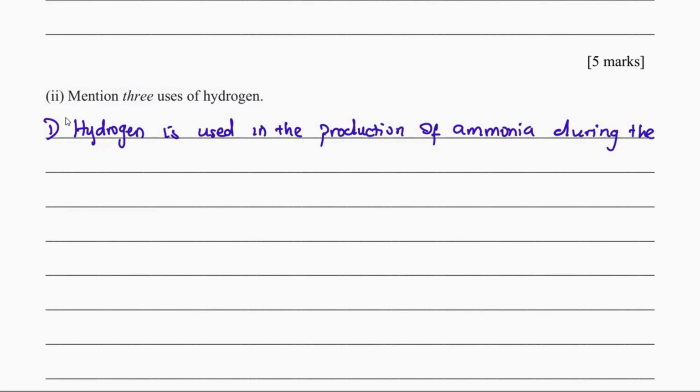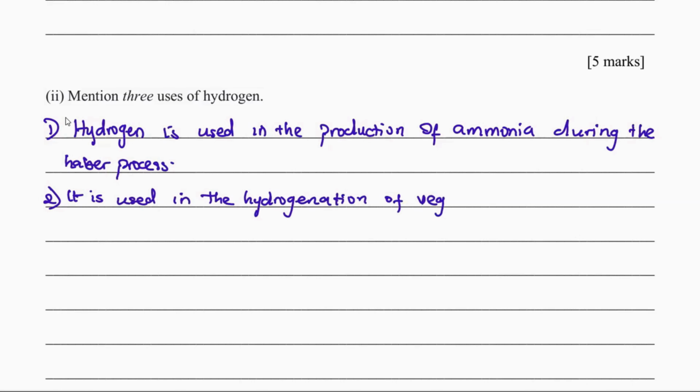The Haber process is the process used in making ammonia. Now, another use of hydrogen is it is used in the hydrogenation of vegetable oils. Okay, that is the process that converts unsaturated fats to saturated fats.